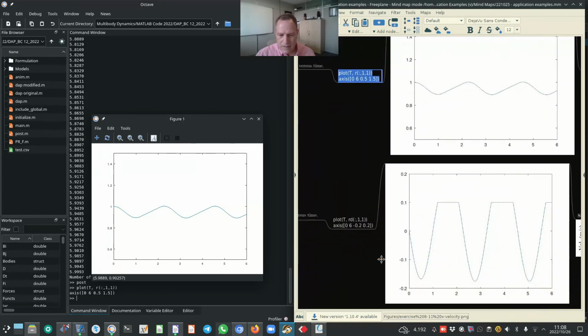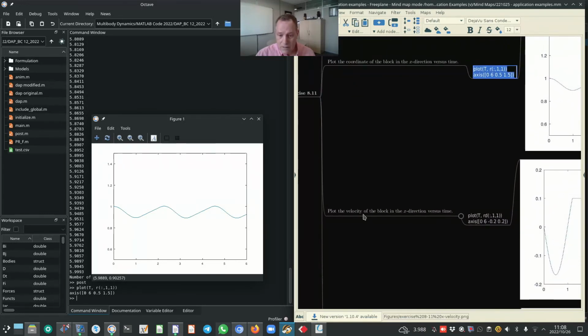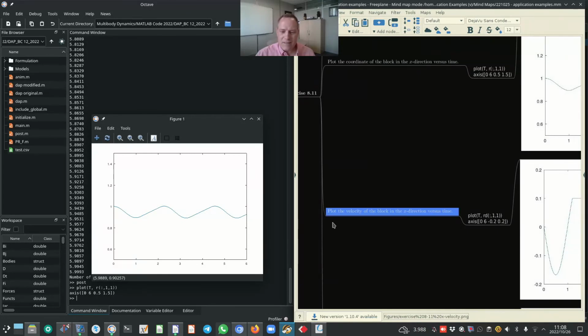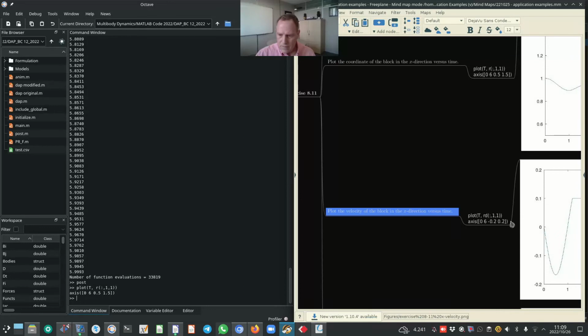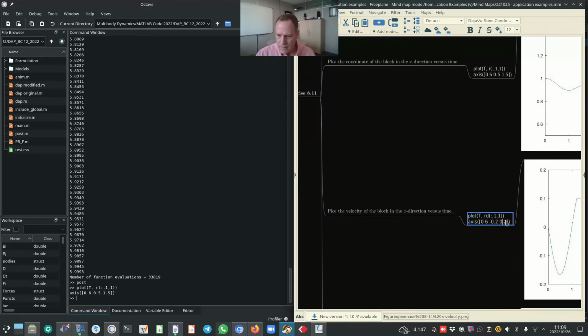Okay, so let's look at the third task of this exercise. We now want to plot the velocity of the block in the x direction versus time. I can copy these two lines of code and paste them in my command window.